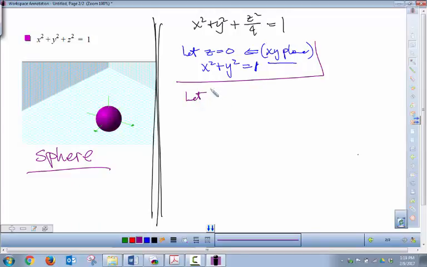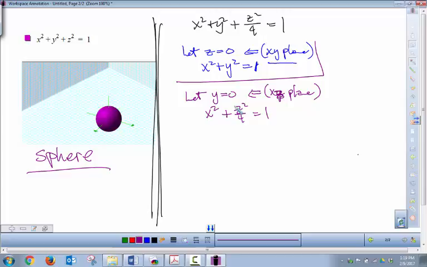Now instead of z, let's let y equal to 0. What is y is equal to 0 as an object? The other two variables, right? x, z. So if we put y is equal to 0, we have x squared plus 0 plus z squared over 4. You can call 4 2 squared.